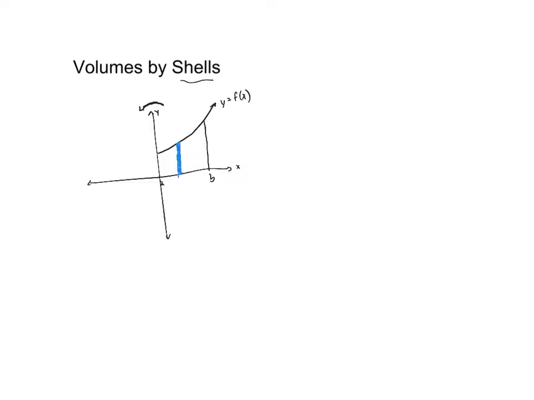But in drawing it vertical, what happens as I spin that vertical rectangle around the y-axis? And you can try to visualize this. If you spin that around, what kind of shape does that produce? Okay, and this is why it's called the shell method. I'm always better at drawing that part than I am at drawing it coming around the front, so bear with me here.